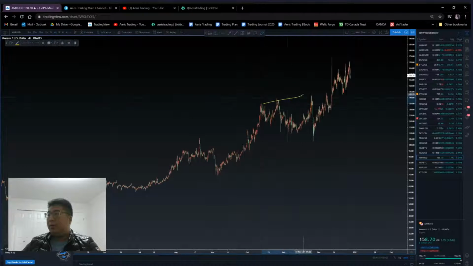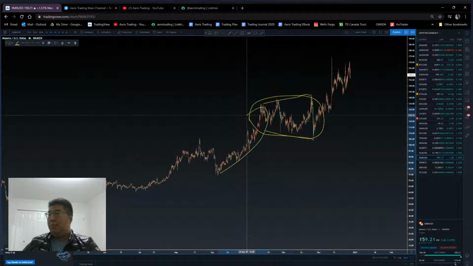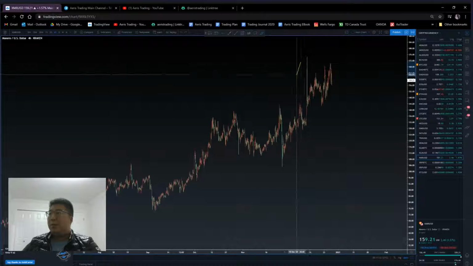I think this was the previous structure, a continuation correction from this previous move. Other than that, we've been pushing up a little bit erratically. So not too much here until I see a little bit more development.